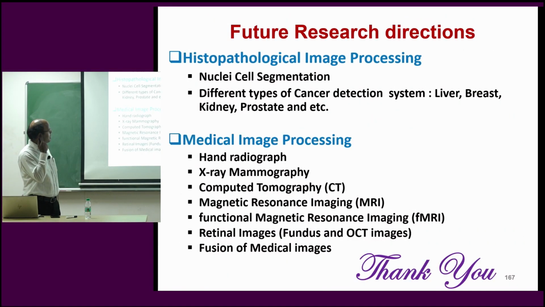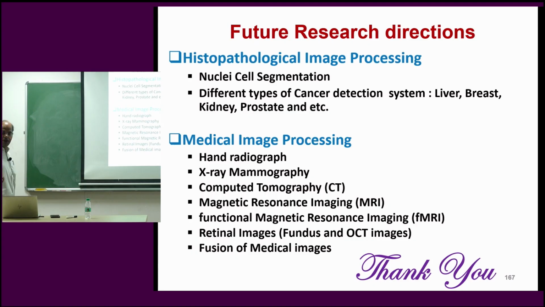So as future directions, yes, there is still scope for research in the area of histopathology image processing. You can do segmentation, nuclear segmentation, but you can do instance segmentation rather than that. And of course you can get more datasets. For prostate, there is no Indian dataset, you can create that. And for breast, I did not find any Indian dataset available, right?